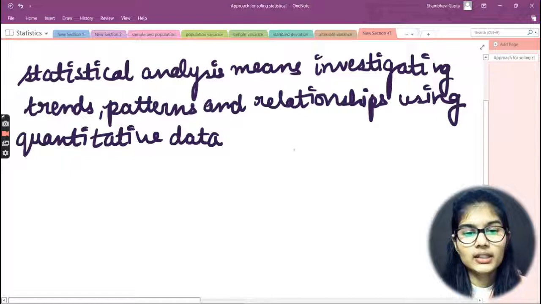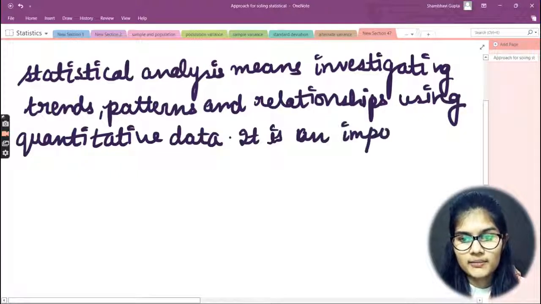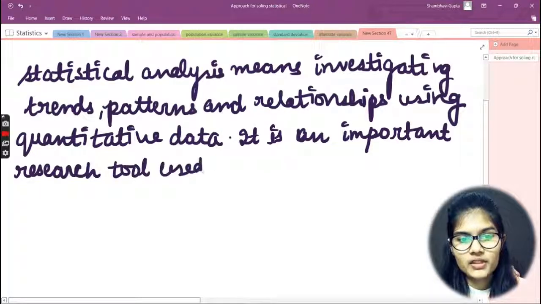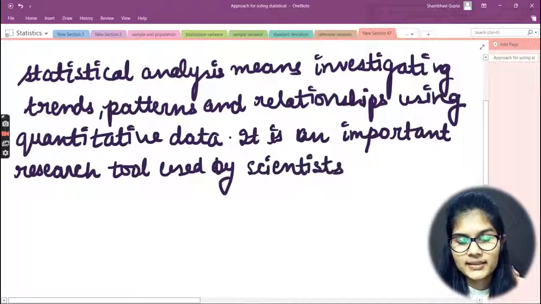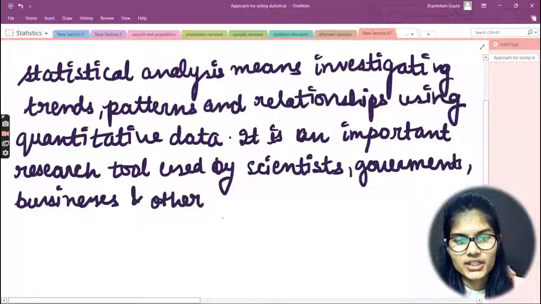It is an important research tool used by scientists, governments, businesses, and other organizations.